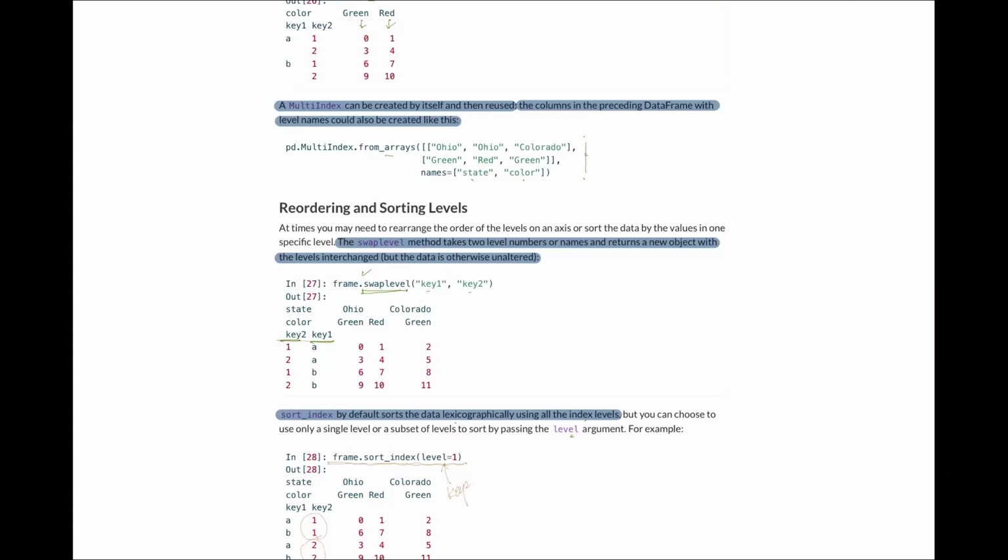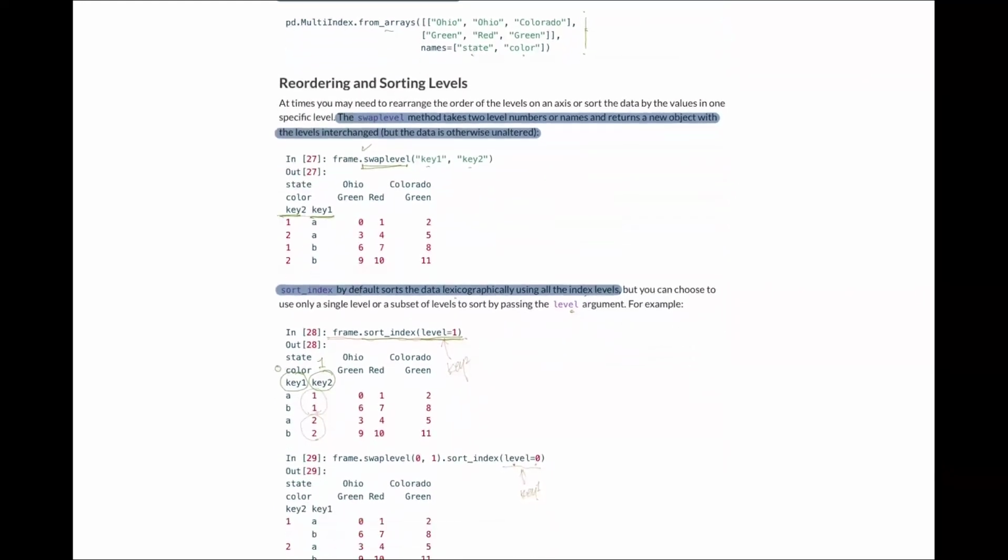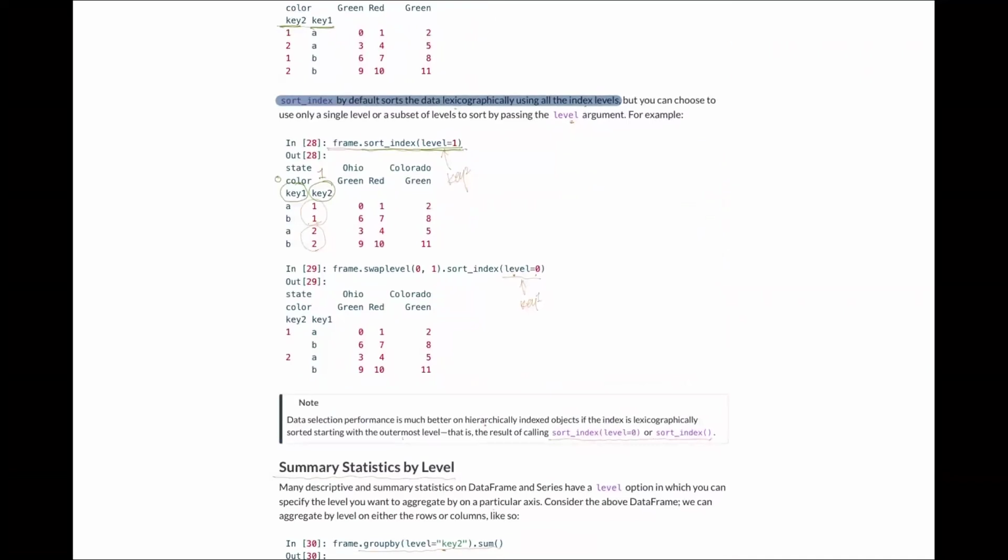Okay. And then the second one is sort index. Level 1 means key 1 is actually level 0 and key 2 is actually level 1 in the index. So with level 1 we can rearrange our data set based on the key 2 values, more like sorting or rearranging the data by using this level number.